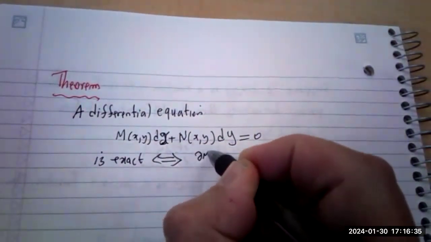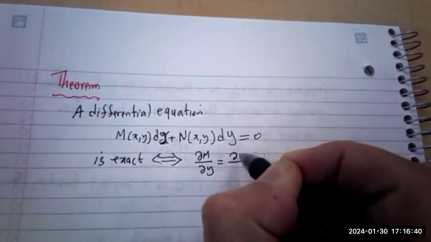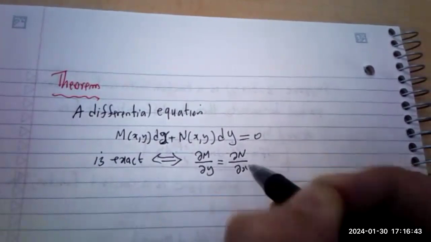The partial of M with respect to y is equal to the partial of N with respect to x. That's it.